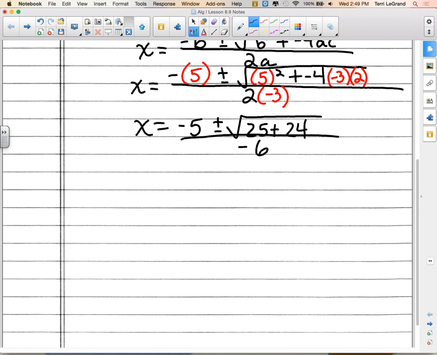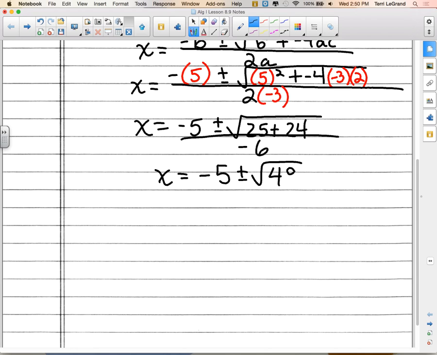So notice we made the opposite of b. We basically got rid of all of our parentheses. We squared our 5, we multiplied our negative 4ac, we multiplied our 2a downstairs. Now, we're going to do one thing in this next step. We are going to find out what our radicand simplifies to. 25 plus 24 is 49.